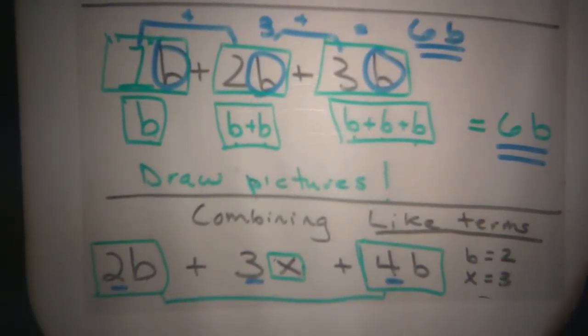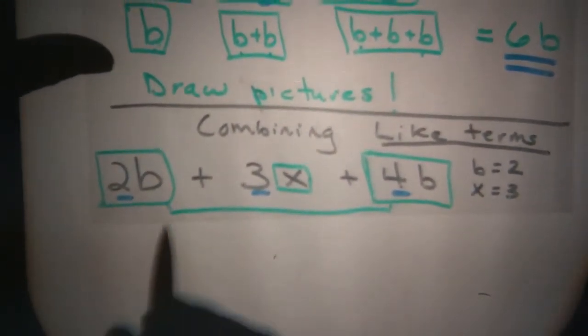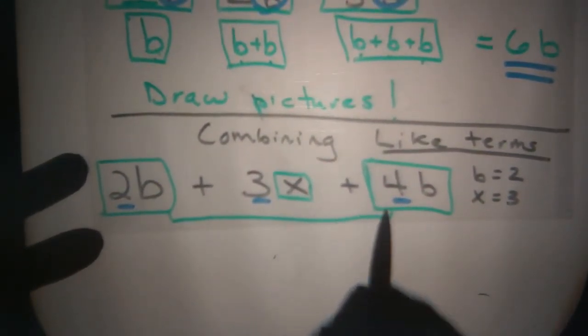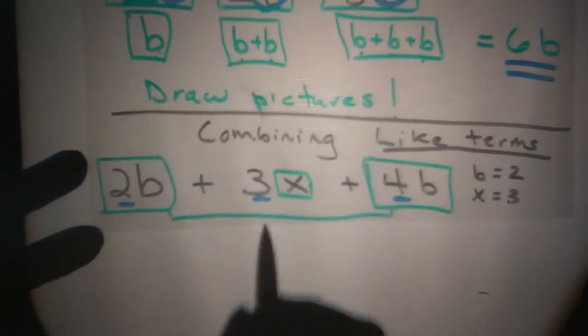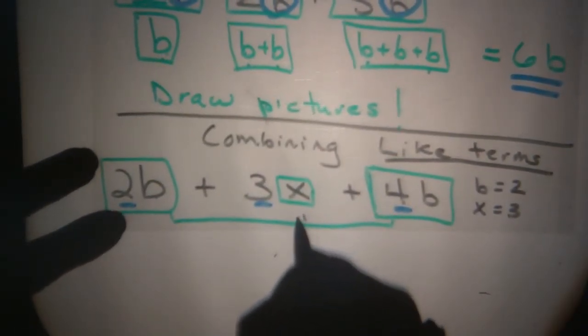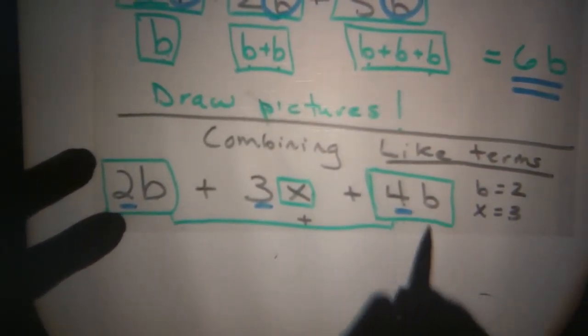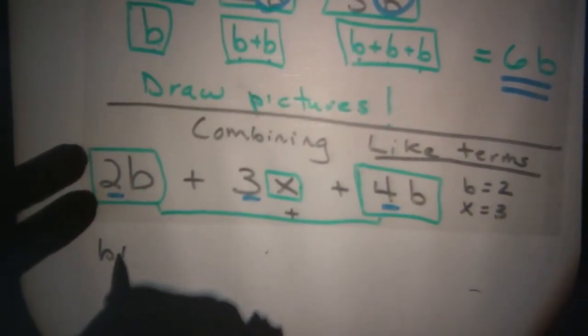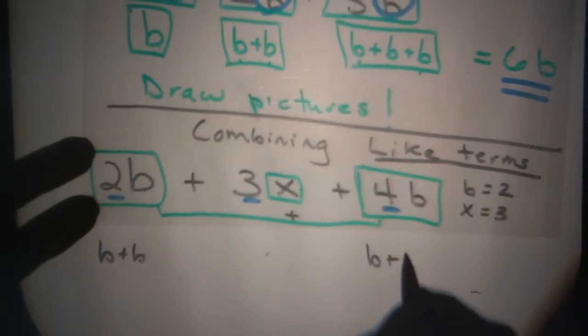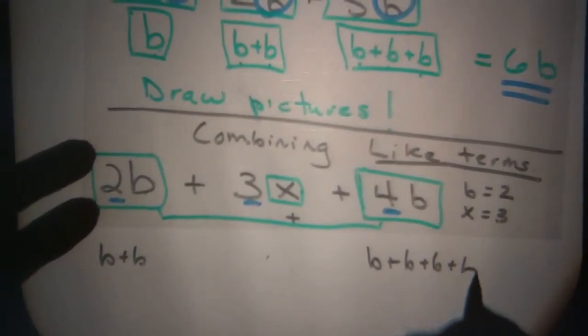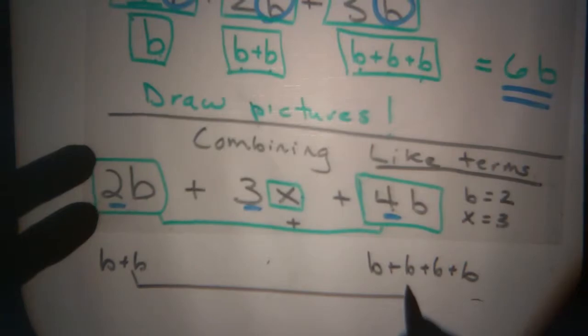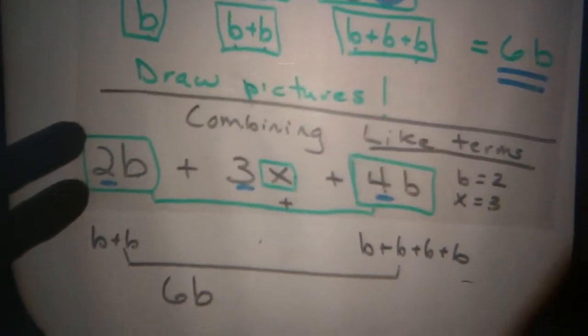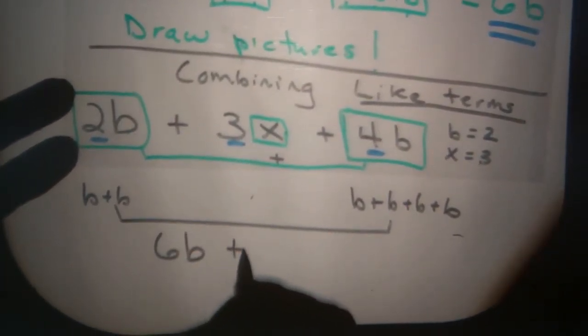Alright, so in this case, if I'm looking at 2b plus 3x plus 4b, we see that I can combine my 2b plus 4b. That would be 2 b's here, 4 b's here, so that's 6b plus.